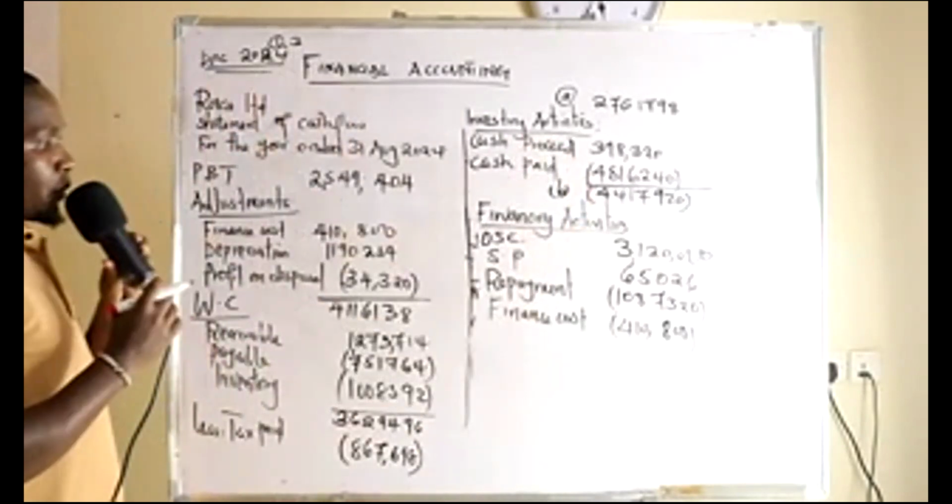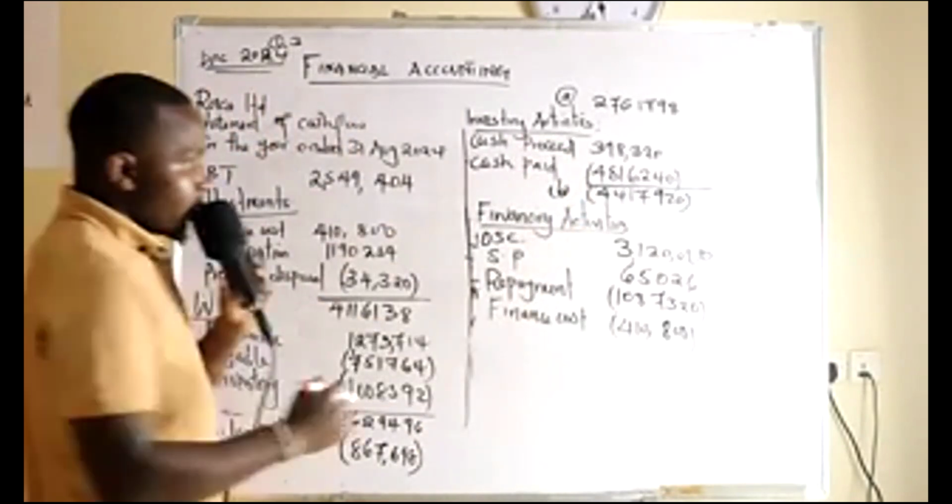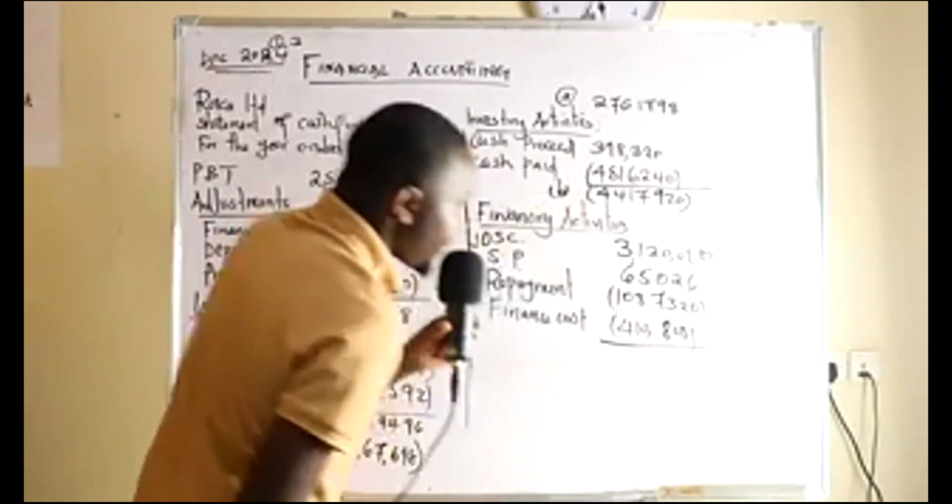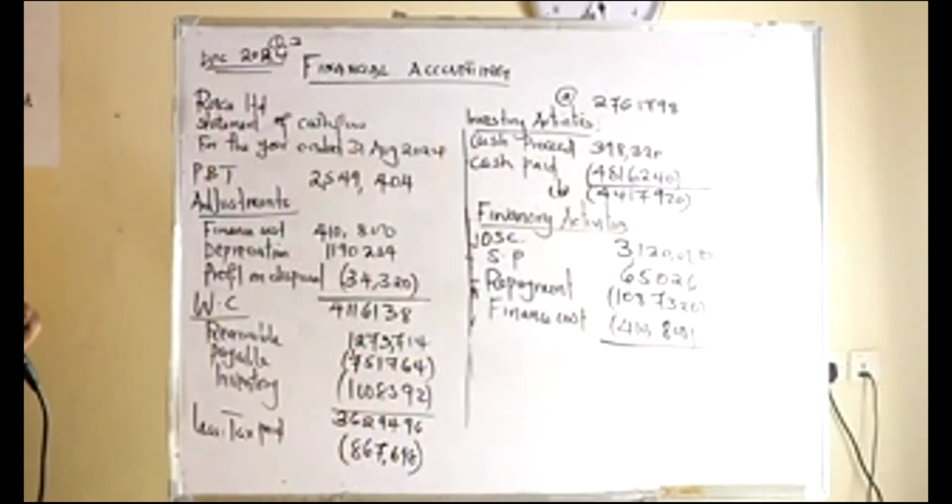And then we go to the last part, the cash flow from the financing activities, which is 120 plus 65,026 minus 1,087,320 minus 410,800.